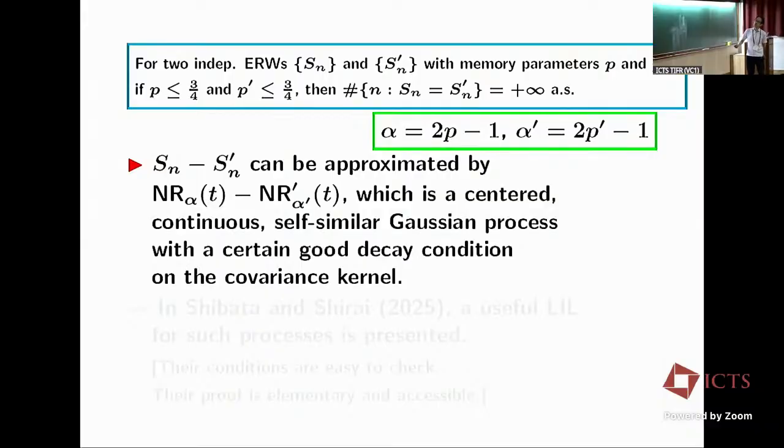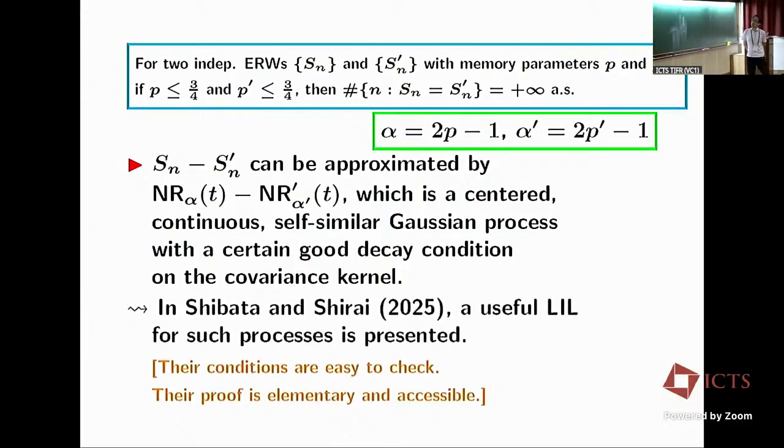So in their paper, they prove a very handy LIL for such processes. Their LIL will be useful for other applications. This is about the independent elephant random walks.